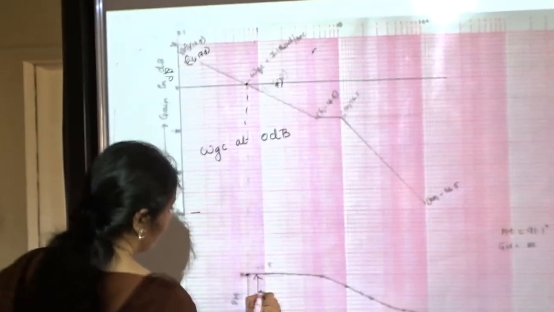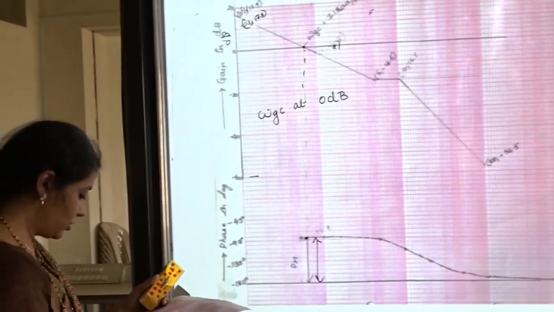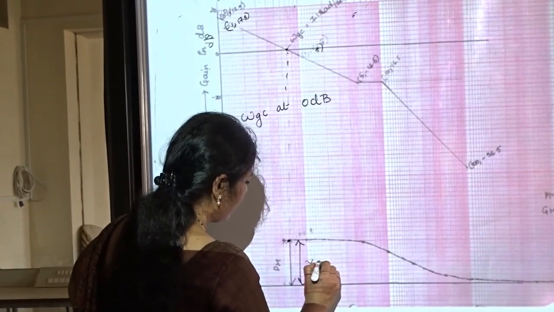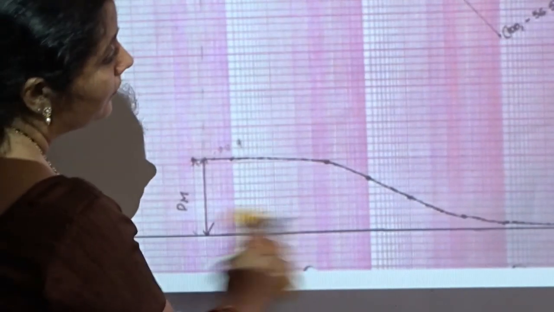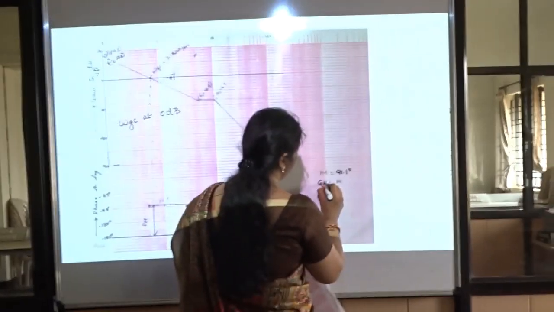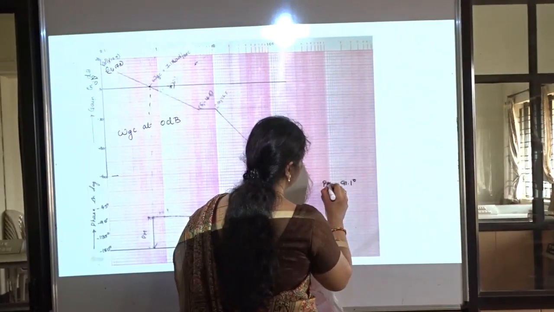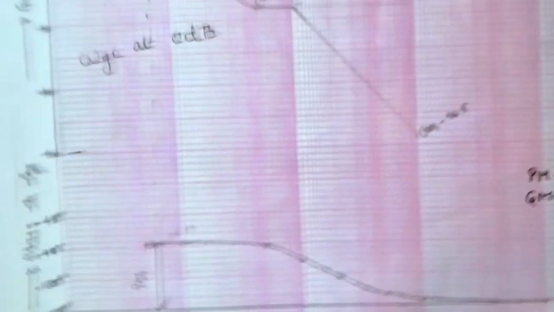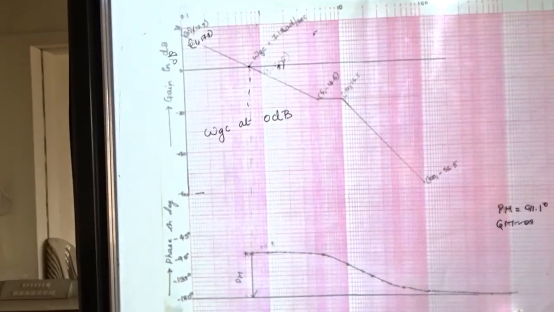It is approximately 90 degrees, around 91.1 degrees. The gain margin is infinity, and this is the phase margin. Now this completes this problem.